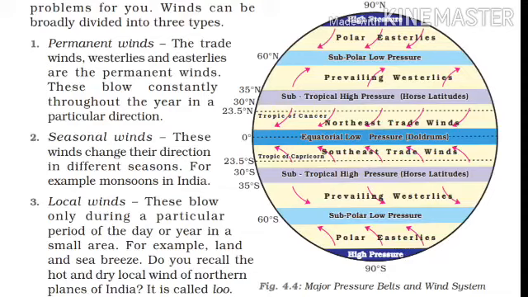Due to the rotation of the earth, these winds are deflected to the right of their paths in the northern hemisphere and to the left of their paths in the southern hemisphere. So we can say the winds blowing towards the equator are deflected towards the west, and the winds blowing towards the poles are deflected towards the east. So these are the permanent winds.